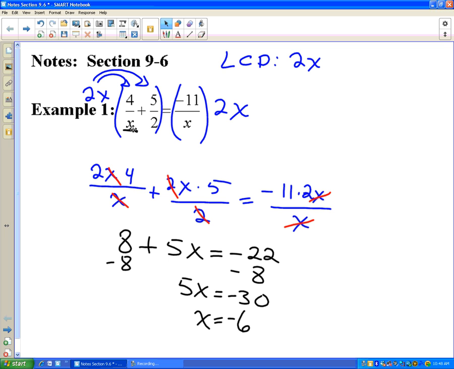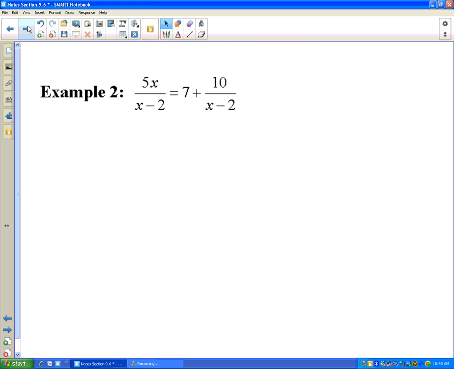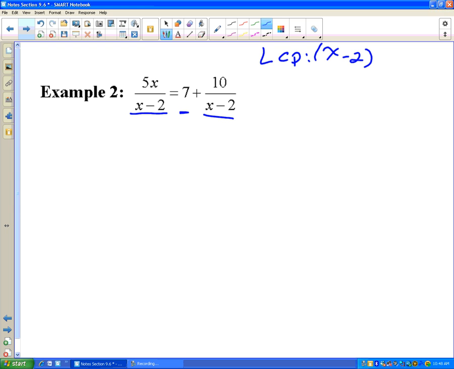Let's try another one. Example 2. Again, I need to find my LCD, my least common denominator. For my first fraction, my denominator, I need an x minus 2. My second term, I don't have a denominator. My third term, I need an x minus 2, which I already have.